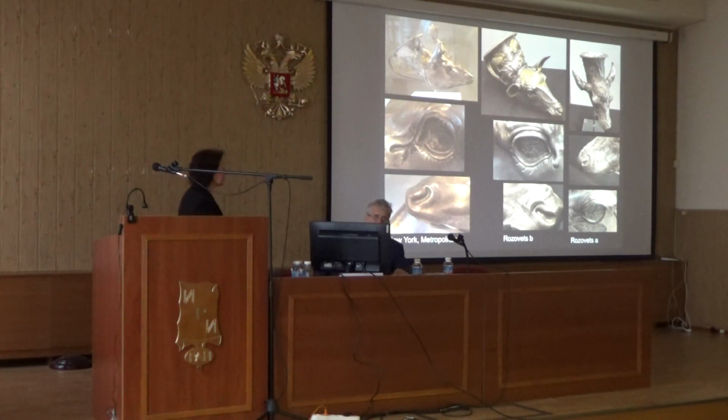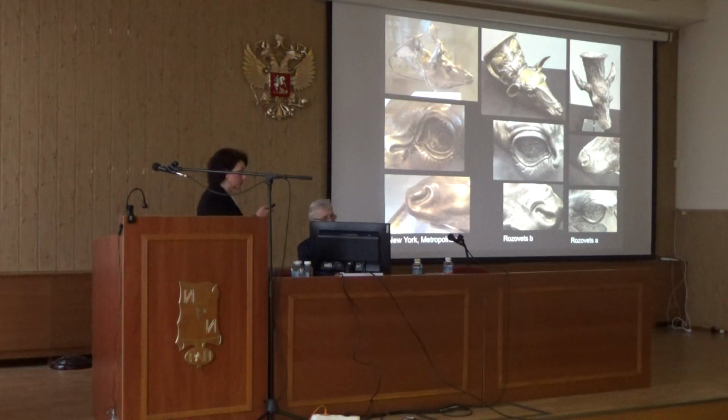And these are the rhytons from Rosovec in Sofia, at the museum in Sofia. So this one, the Rosovec A, I call it, has a lot of problems of corrosion, so you can't see much now, but the way of working is the same.